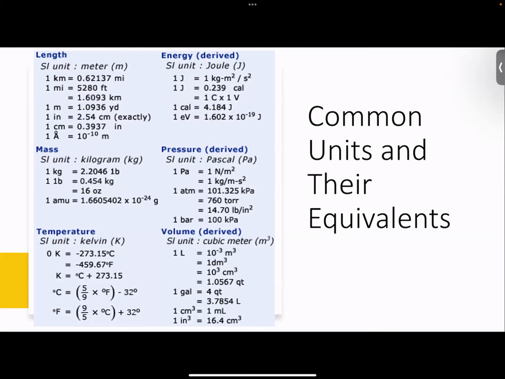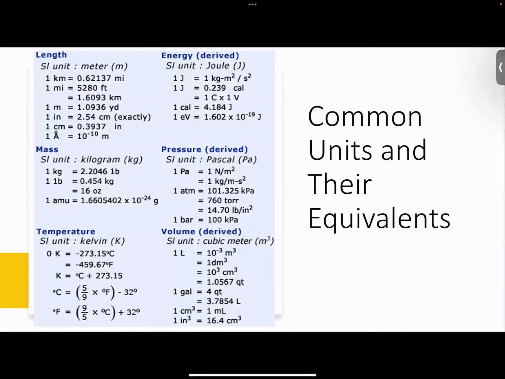As I said at the end of class on Tuesday, you have to know the metric prefix conversion factors. I'm not giving those to you. I mean, it may be in the table, but you can't guarantee it. And you need to know 1 centimeter cubed or 1 cc is equal to a milliliter. Those are the ones I'm having you memorize. But otherwise, you're going to get a table with their equivalents.